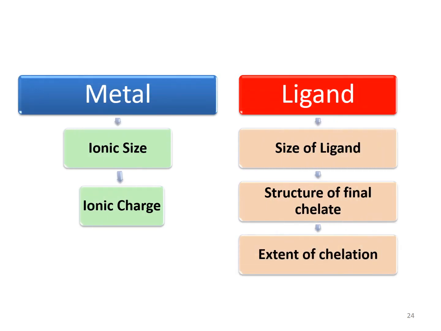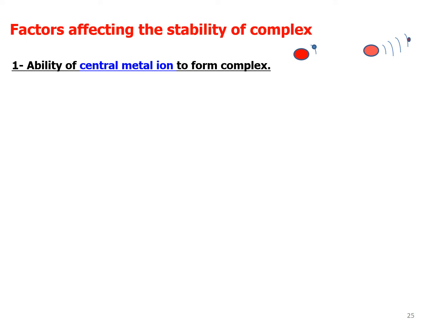For the metal, the ionic size and the ionic charge differ in the stability of the complex. For the ligand, the size of the ligand, structure of the final chelate, and extent of chelation also differ in the stability of the complex. Factors affecting the stability of the complex.